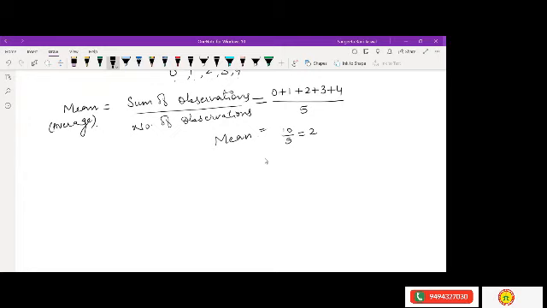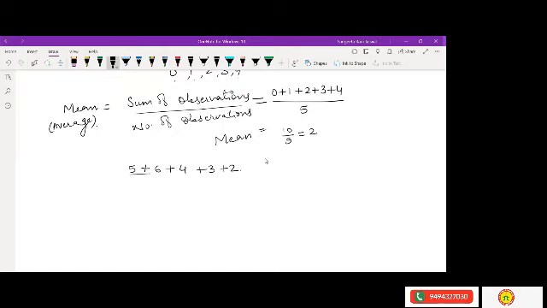So suppose I got the marks of 5 children: one student got 5 marks, another student got 6 marks, another got 4 marks, another got 3 marks, another got 5 marks. So these are the marks of 5 children.